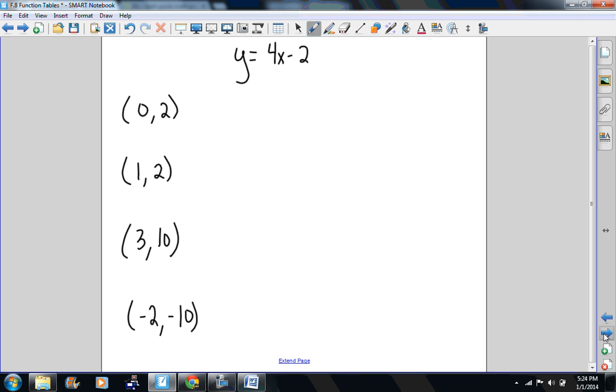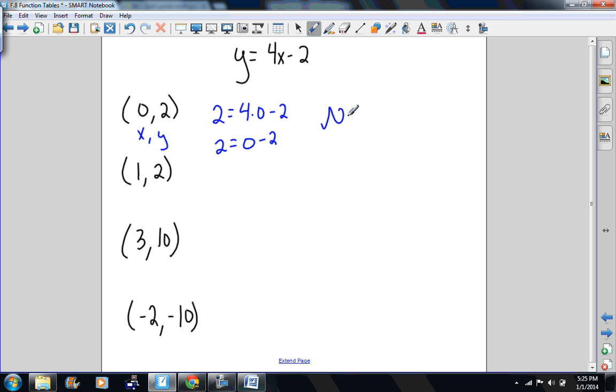So now if we do the same type of thing for a new equation, once again, it's alphabetical, so it's x comma y, just like this. We're going to plug them into this equation and see if they're on the line. So it's 2 is equal to 4 times 0, because that's our x, minus 2. Well, 4 times 0, that's 0, minus 2.